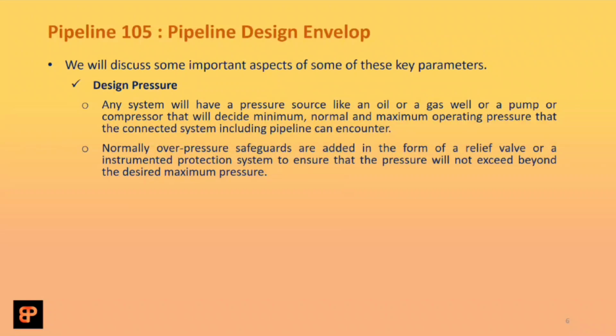So we always provide overpressure safeguards in the system, so that whenever the source pressure starts going towards an upset condition, unanticipated conditions beyond the design pressure envelope, the safeguards will work. Something like relief valves or instrumented protection systems, where the high pressure will be detected by instruments, and then it will trip a valve so that the flow is cut off.